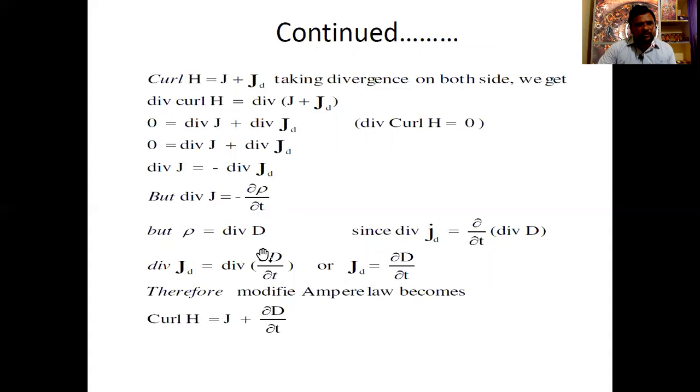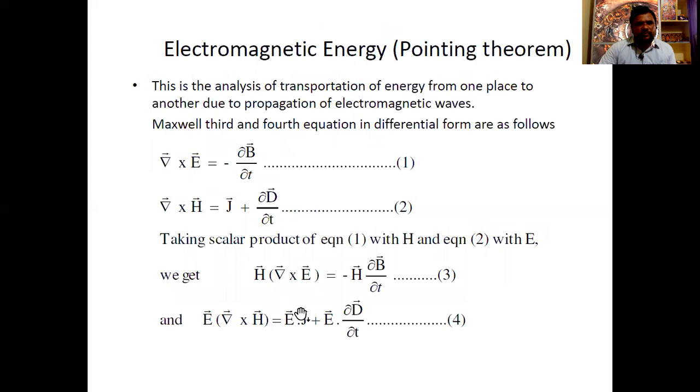But rho is equal to divergence D. Since divergence JD is equal to dou by dou t of divergence D, divergence JD is equal to divergence of dou D by dou t, or JD is simply dou D by dou t. Therefore, the modified Ampere law becomes curl of H is equal to J plus dou D by dou t.